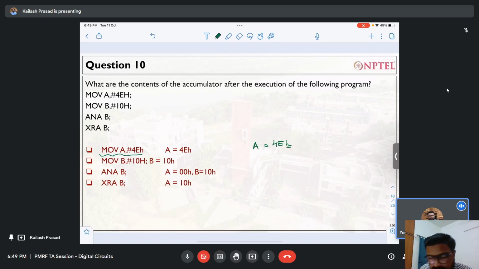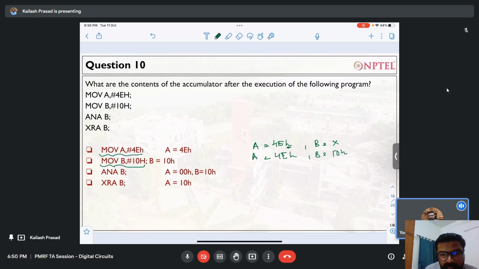Please note that the small h just denotes it is in hexadecimal. Now what you have written is MOV B, 10H. At that time, what is the value of B? We don't know. After that, we have written MOV B, 10H. So A is 4EH and B is equal to 10H.